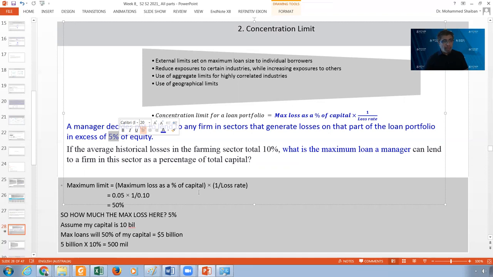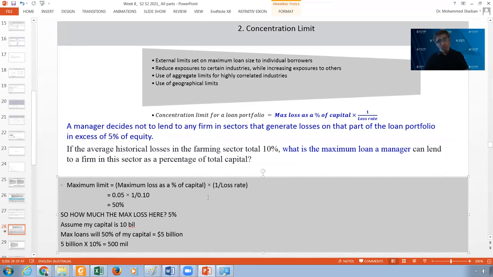Now, if I want to apply this, I can know from the industry the loss rate in each of those industries, and it's actually reported. So I will come now with this formula, which is the maximum limit. The maximum limit means how much loans I should give to this industry based on these two conditions: my maximum limit of losing, I cannot lose more than 5%, and the loss rate of that industry.